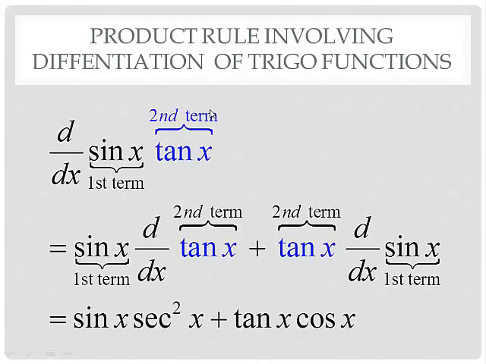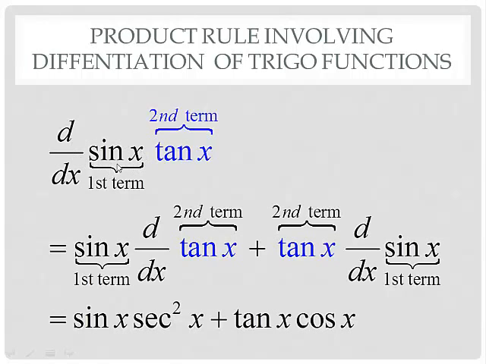Now let's move on to some examples involving the product rule of Trigo functions. If we are asked to differentiate sine x times tangent x, we have 2 terms that multiply each other. So what we do is we can use the product rule.